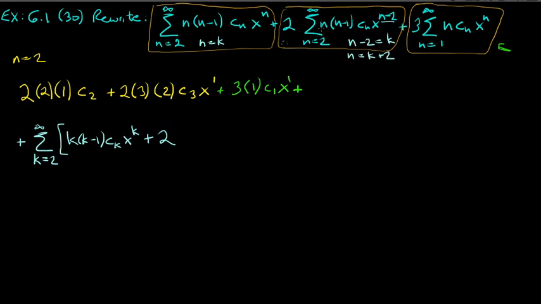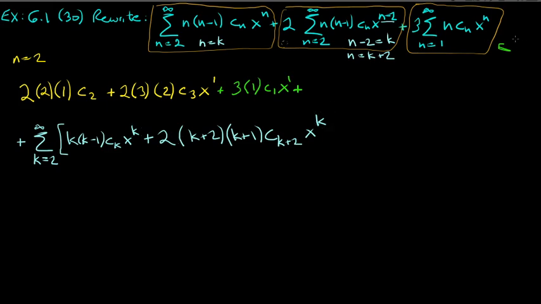So it's going to be k plus 2 times n minus 1. So n minus 1 is k plus 2 minus 1, or k plus 1, times cn, but remember n is k plus 2, times x to the n minus 2. Well, n minus 2 is just k. So that's x to the k, and notice that's the same exponent as in the first part of the series.